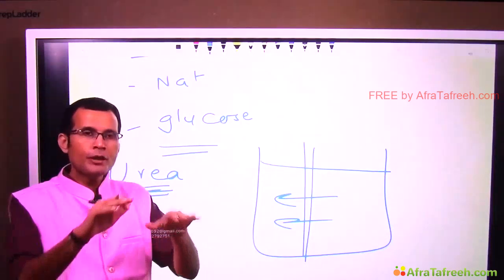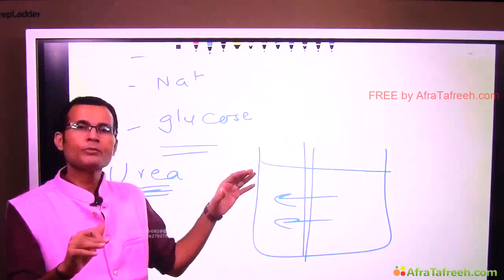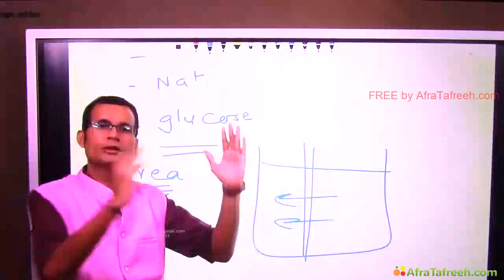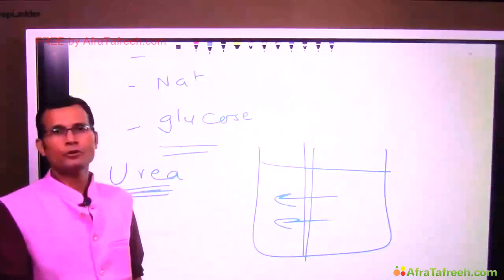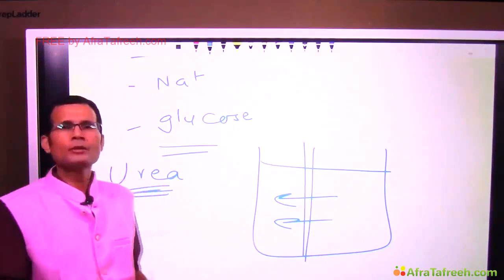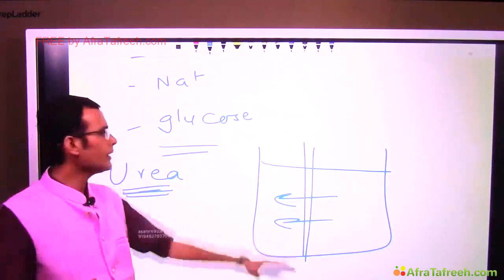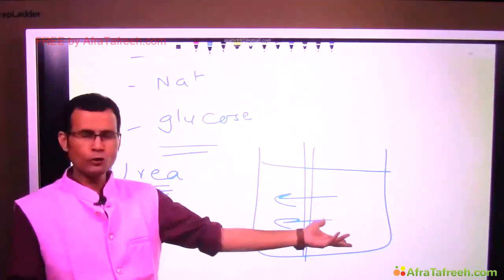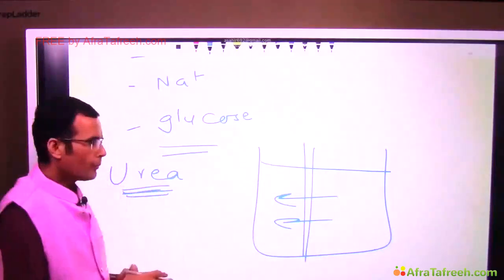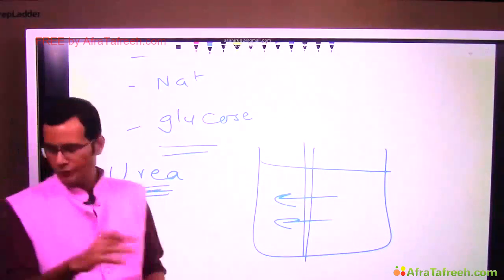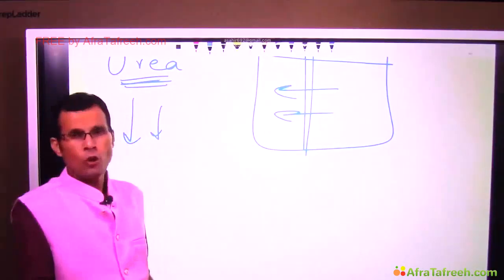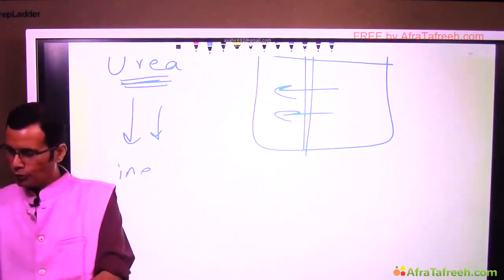There should be unequal concentration of the solute on either side of the membrane. Then it will cause movement of water from the low solute concentration to the high solute concentration. Urea, that's generally not possible because urea permeates the membrane so rapidly that it reaches equilibrium very rapidly. So it will not cause movement of water. It will not remain unequal on either side of the membrane for too long. It will quickly reach equilibrium. So urea is therefore called an ineffective osmole.